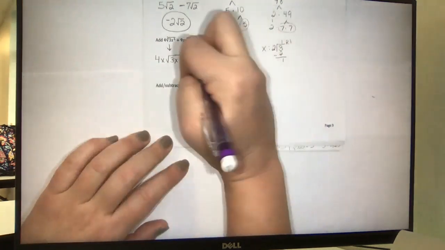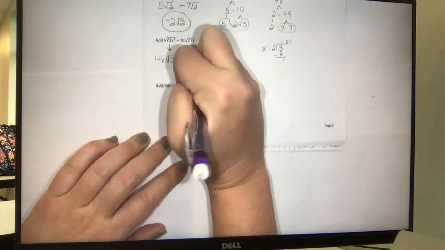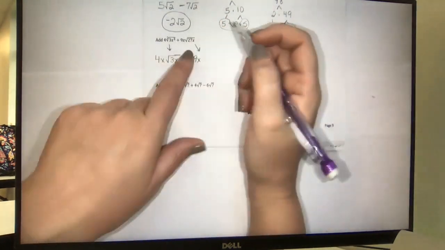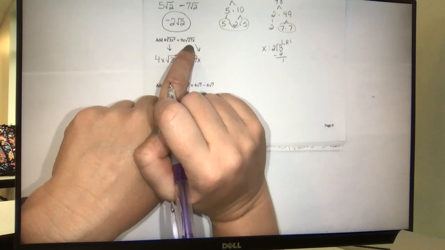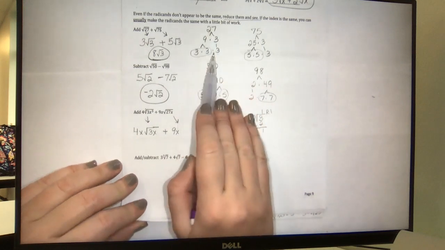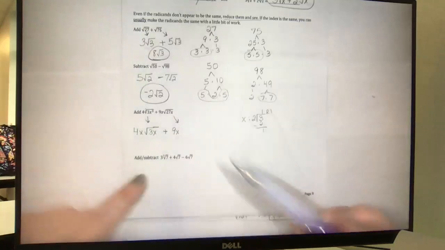Let's try this one over here. I know I'm going to have a 9x out front. Square root of 27: well, I can't do that, but look up here. If you go back up to the top, we already found the square root of 27. It was 3 root of 3 from up top. So I'm just going to copy that over.